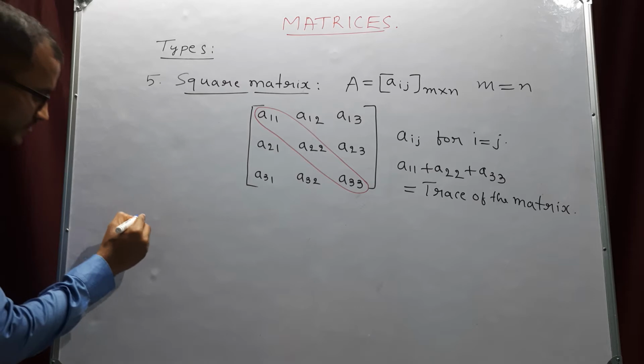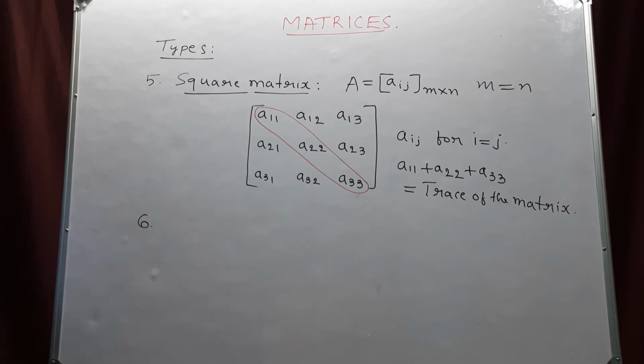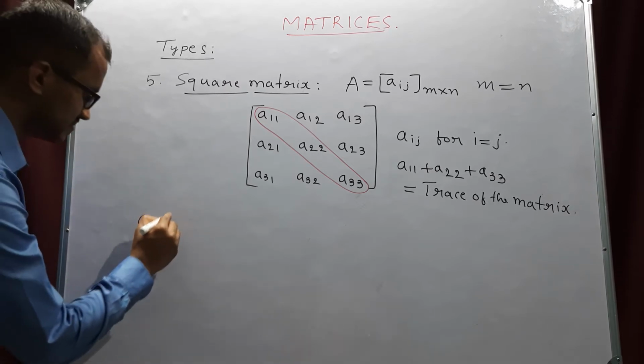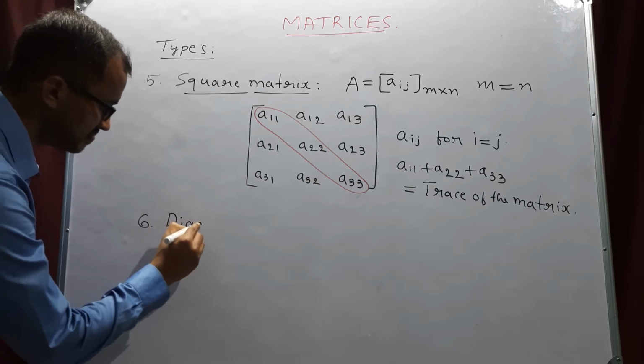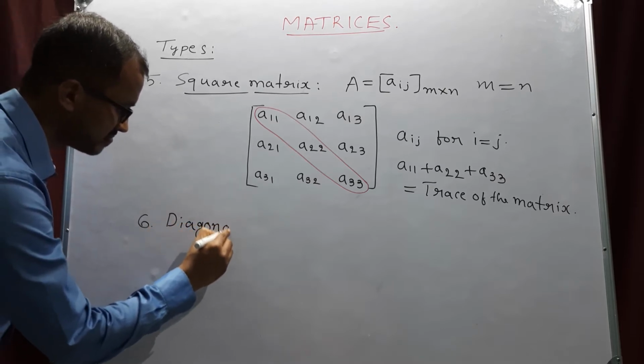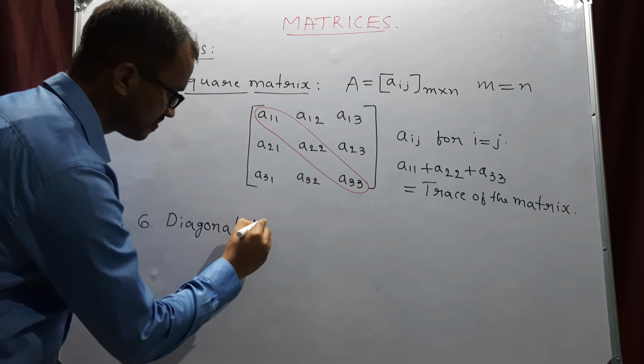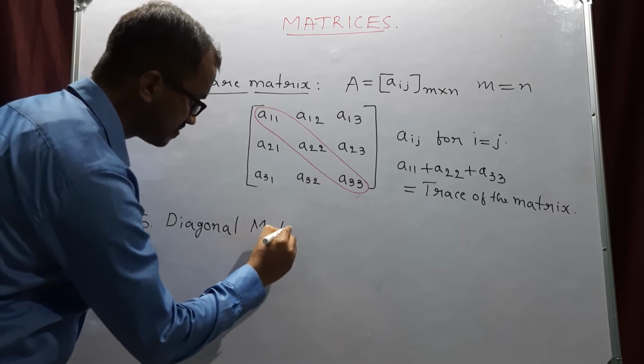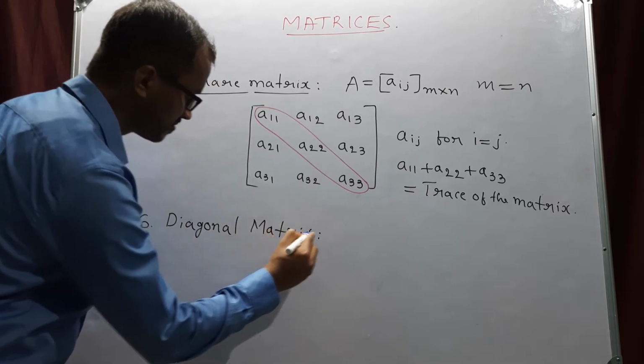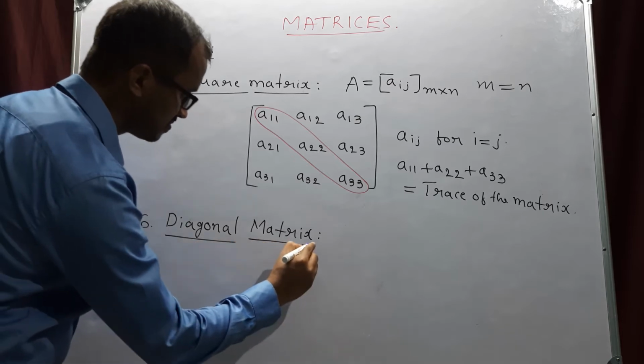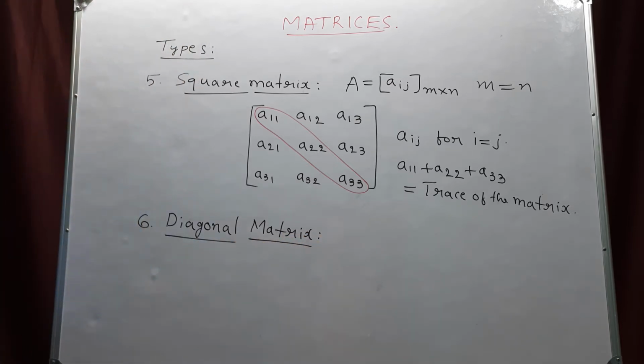So next one, diagonal matrix. Again, a square matrix is called a diagonal matrix if all its non-diagonal elements are 0.